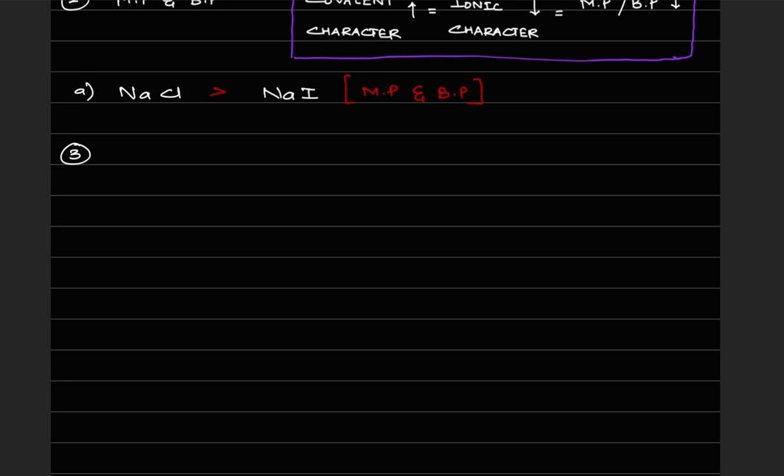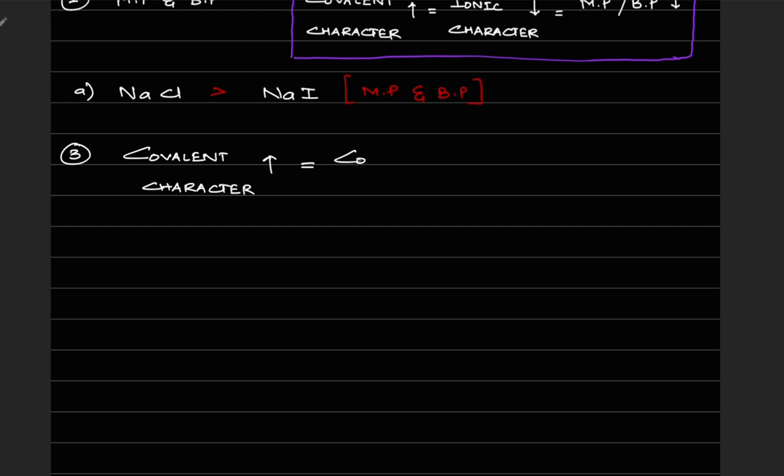Okay, so the thing that we need to understand is that as the covalent character increases, it also increases the color imparting nature.